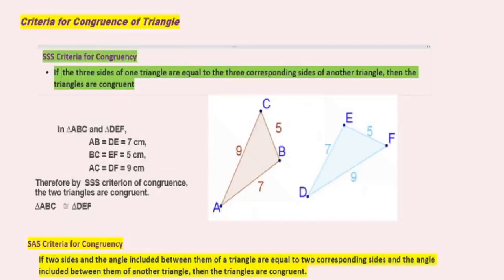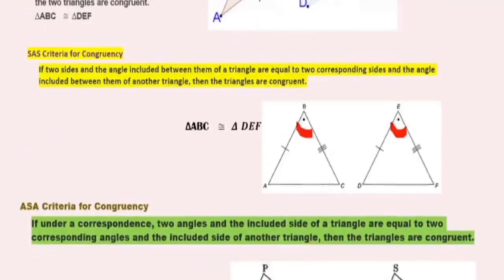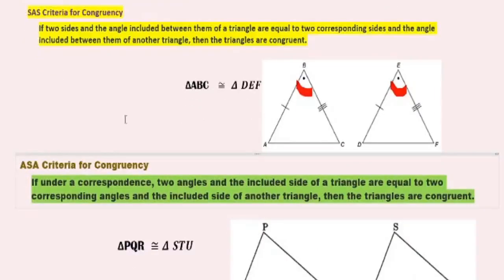Now the second criterion is known as the SAS criteria for congruence of triangles. The SAS criterion is given as: if two sides and the angle included between them of a triangle are equal to the two corresponding sides and the angle included between them of another triangle, then the triangles are congruent.